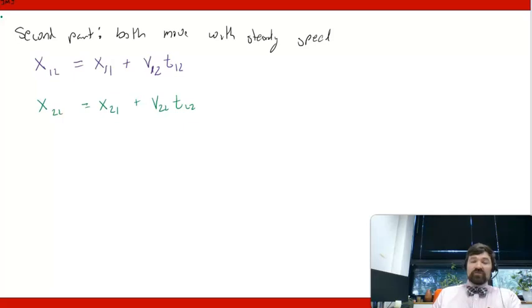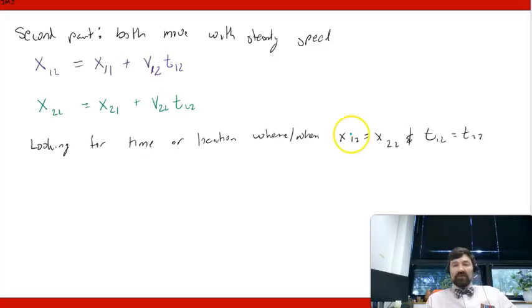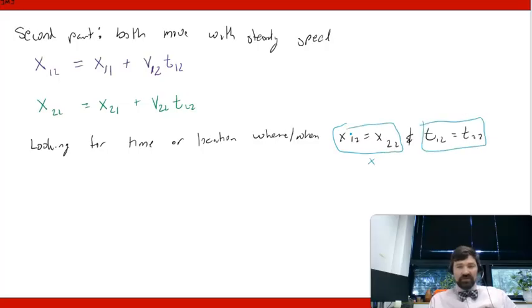Now here's where the trick comes in. We're looking for the time and location where number 2 catches up with number 1. Mathematically, that is equivalent to looking for the condition where x12 and x22 are equal and t12 and t22 are equal. So let's just call this condition x and this condition t.